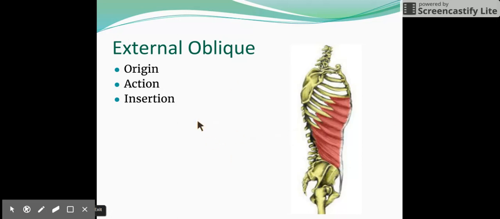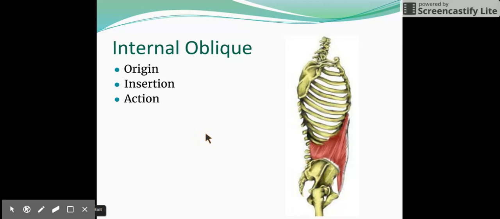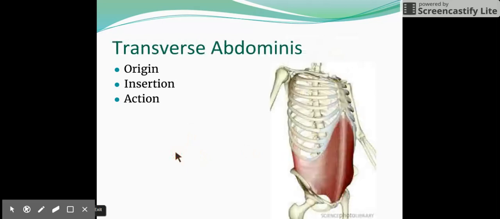These are the muscles that are going to help you poop or give birth or urinate, the ones that are going to compress your abdominal contents. Then we have our internal oblique. Again, the insertion points are down here on the iliac crest and on the pubis. Its origins up here on the rib cage really help to compress that abdominal cavity and the contents within.